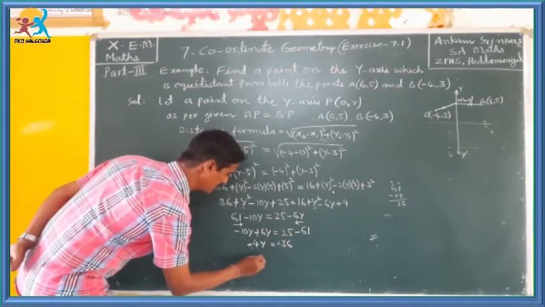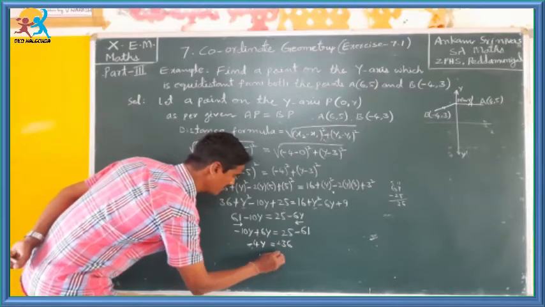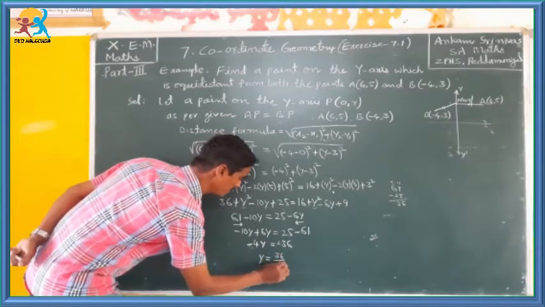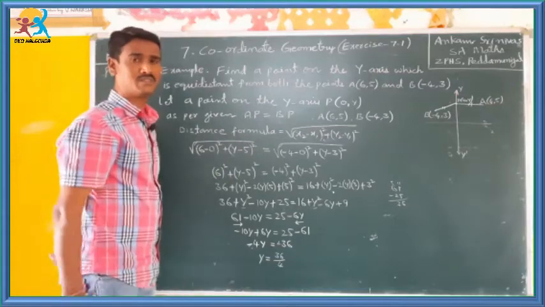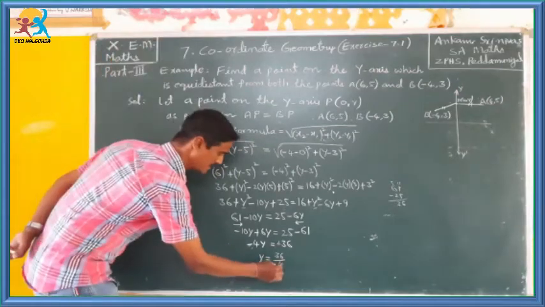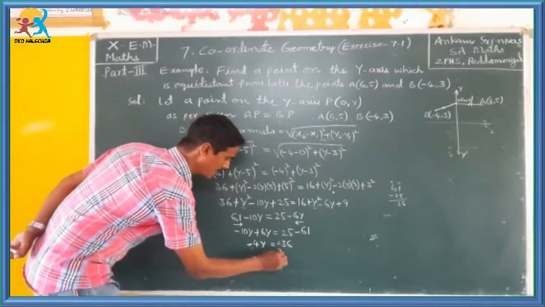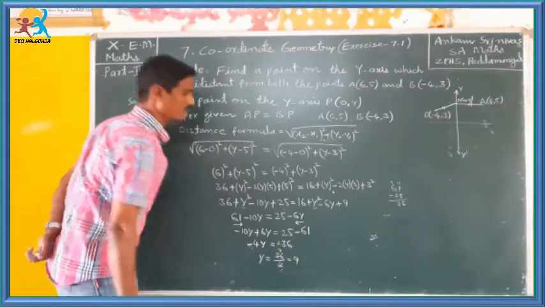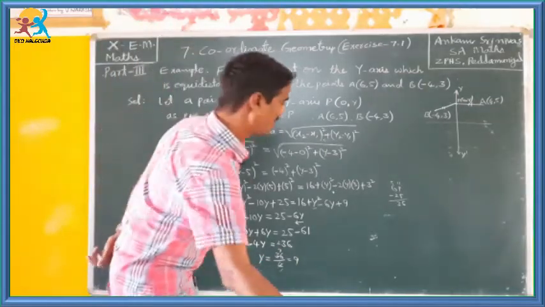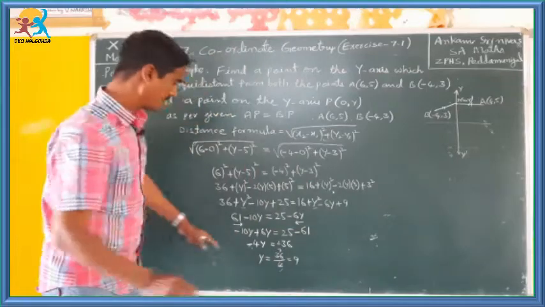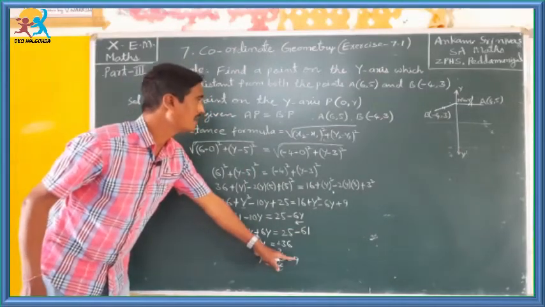The minus signs cancel, so y equals 36 by 4. 4 nines are 36, so y equals 9.